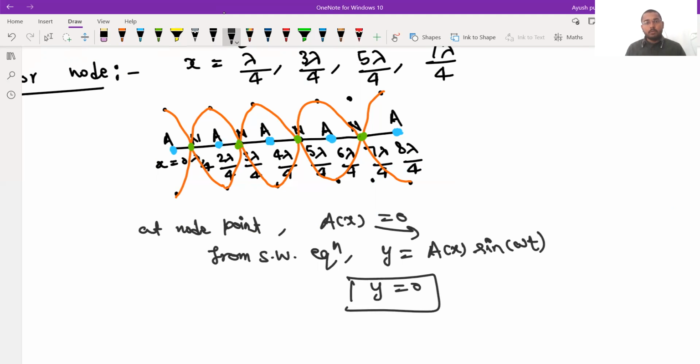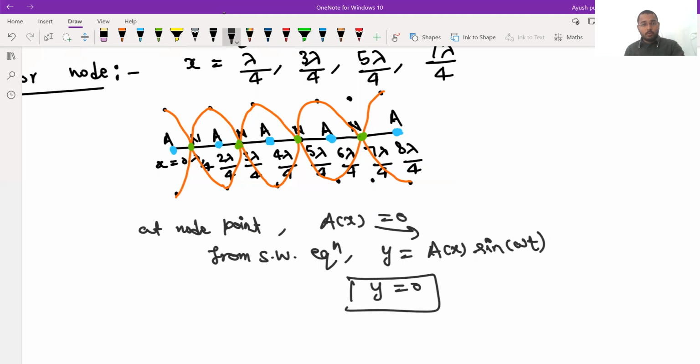That means the particle at node does not perform SHM. Or you can say the particles at node perform SHM with 0 amplitude, which is again a trivial, insignificant thing, because with 0 amplitude there is no SHM possible. So we can say that the points at node do not perform SHM, or the points at node are at rest.